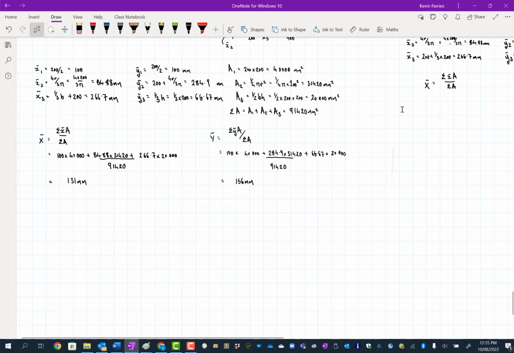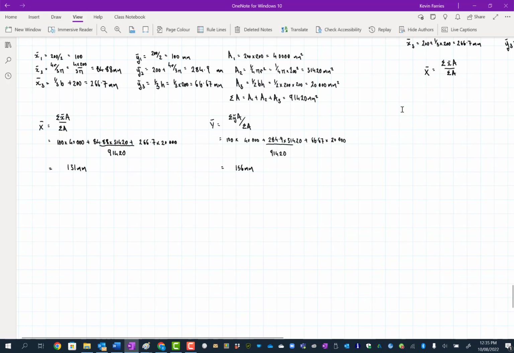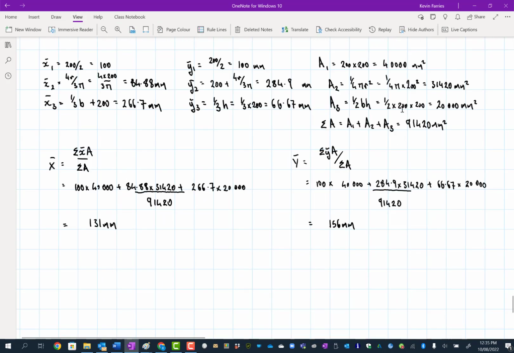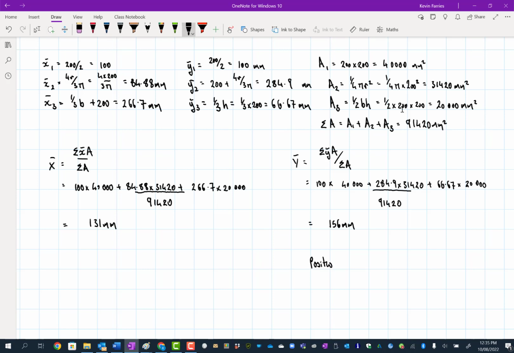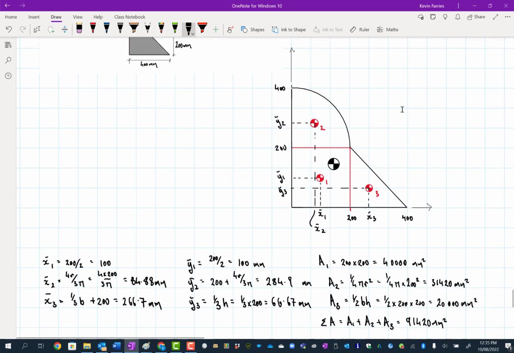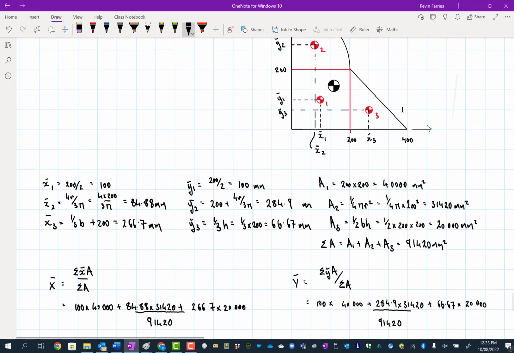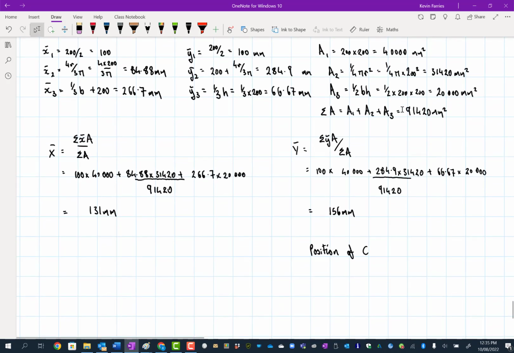So just write down what our answer is. Let's just zoom back in. So the position of center of gravity, what did it ask us for? Center of gravity or centroid? Center of gravity. In this case, they're the same thing because the centroid's in the same location because it's a plate of constant thickness.